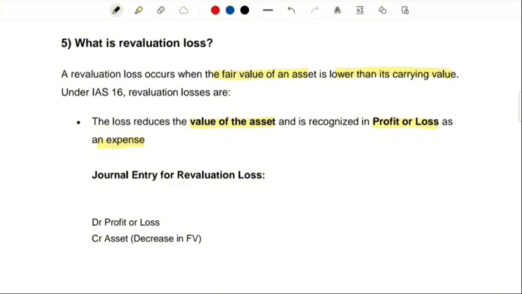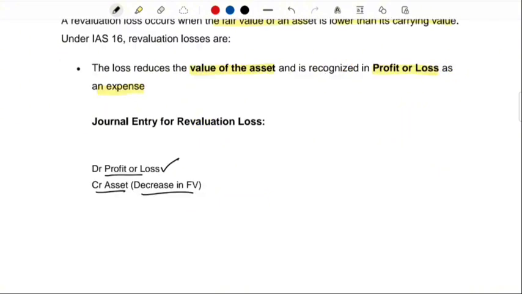So here you will recognize the loss of the revaluation, which will be debit profit or loss, and credit asset, because now we have a reduction in the value of the asset. So we will be crediting the asset to reduce the value. This is a very basic understanding of revaluation gain and revaluation loss.